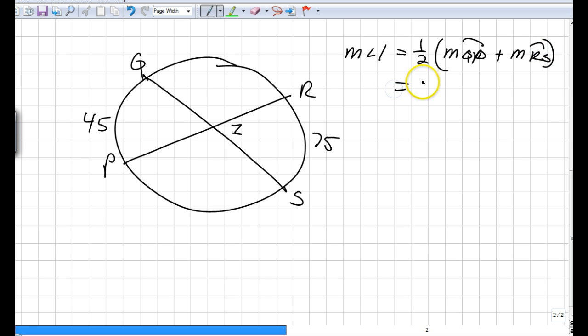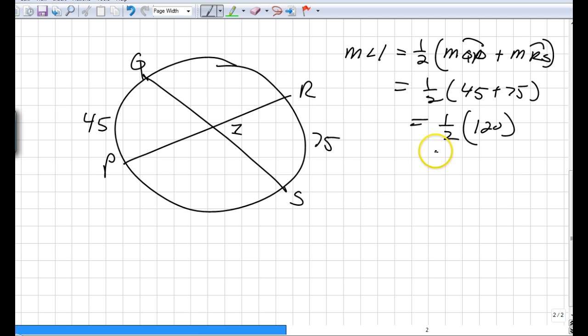So in other words, 1/2 (45 plus 75). So that's 120. So that gives us 60 degrees. So measure of angle 1 equals 60 degrees. So this is 60 degrees, that one has to be 60 also. And then if this is 60, we know this one has to be 120.